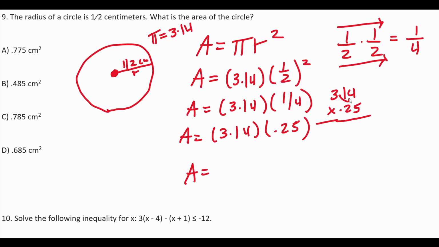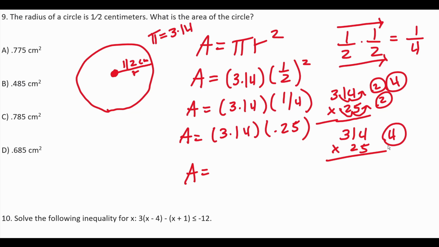We're going to shift the decimal in 3.14 2 times to the right, and likewise we're going to shift the decimal in 0.25 2 times to the right. So in total, we shifted our decimal place 4 times. This becomes 314 times 25, albeit with a total of 4 decimal places to shift back to the left at the end when we're done.